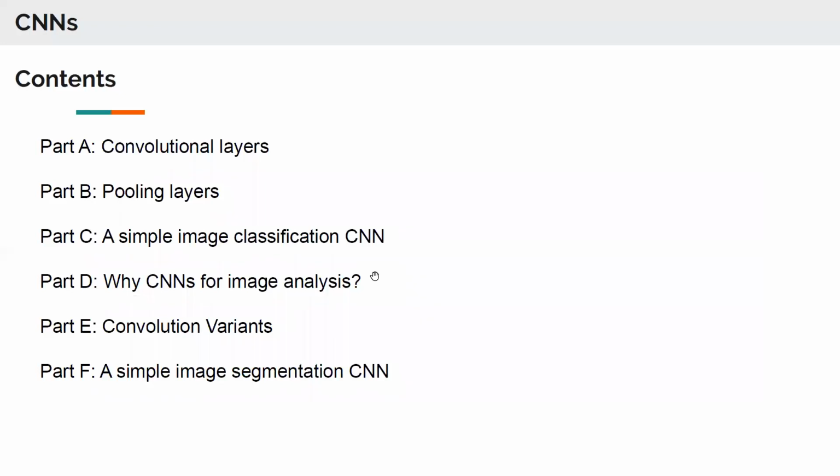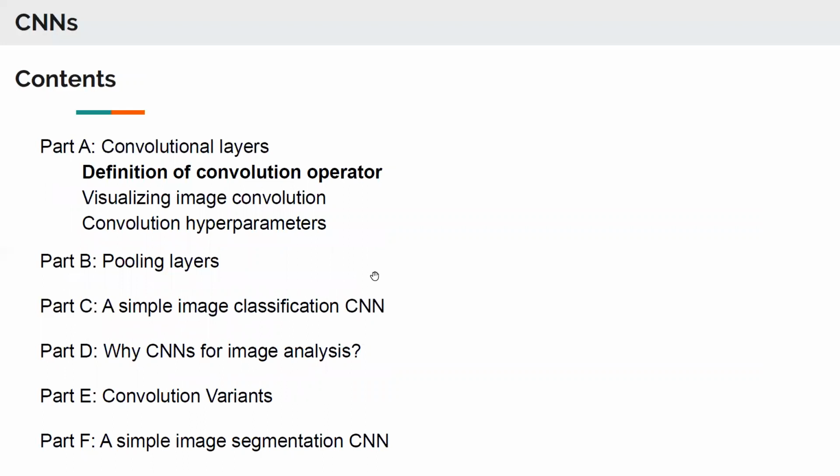Then we will try to understand what features of CNNs make them particularly well suited for image analysis. And towards the end, we will look at a few variants of the convolution operator. And then finally, an image segmentation CNN.